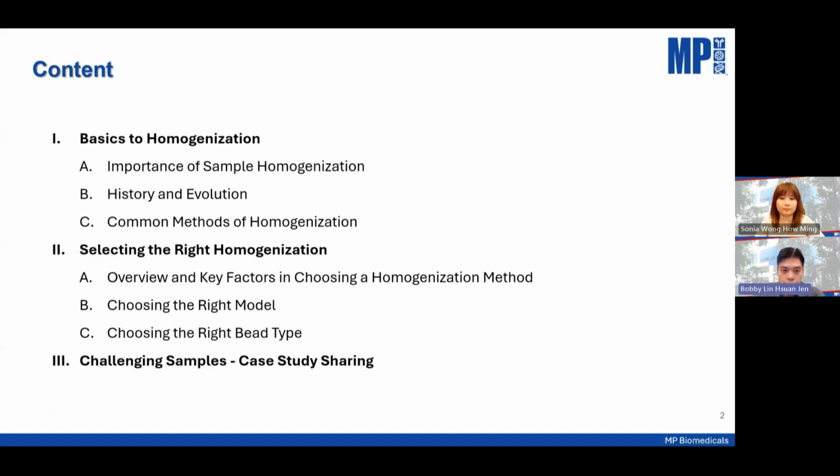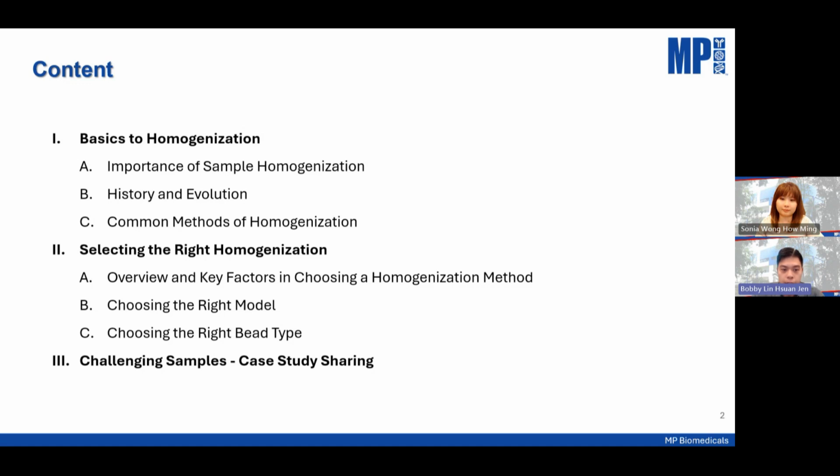To take you through the content for today, we'll first start with the basics of homogenization, which will include the importance of sample homogenization and a little bit of history and evolution of the entire sequence of homogenization methods, and of course, the common methods of conducting a sample prep.